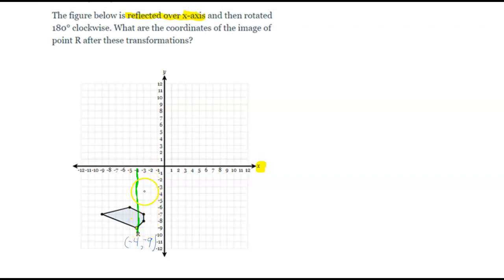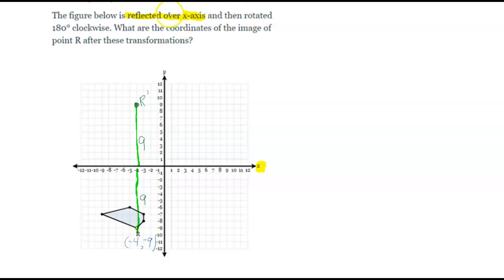It was 9 units from R to the x-axis. So then I need to go 9 units up to find the reflection. Okay, so I went 9 units down to get to the axis, so then I'd go 9 units up to get to R's first image. So that's our first transformation, we reflected over the x-axis.